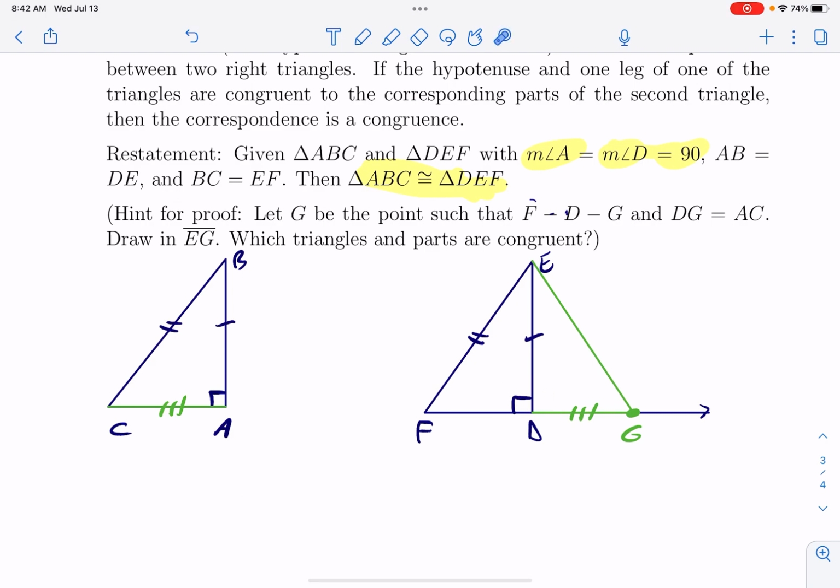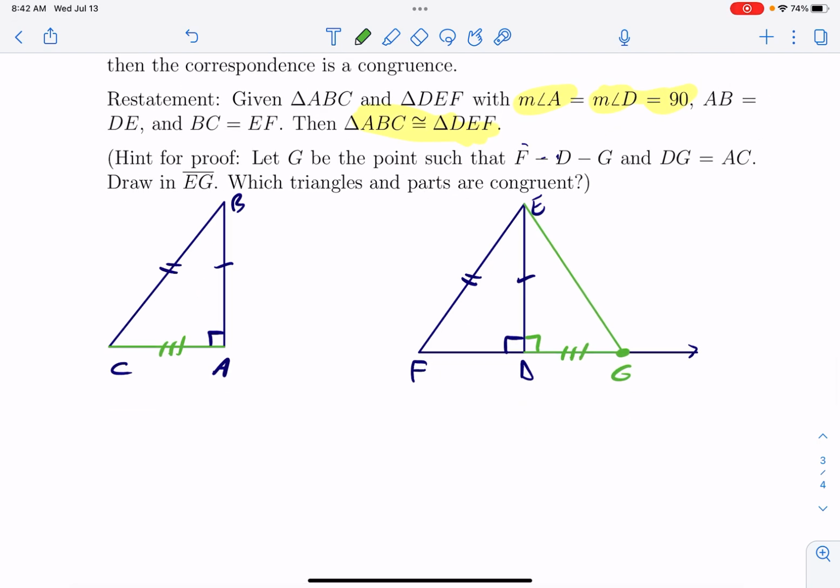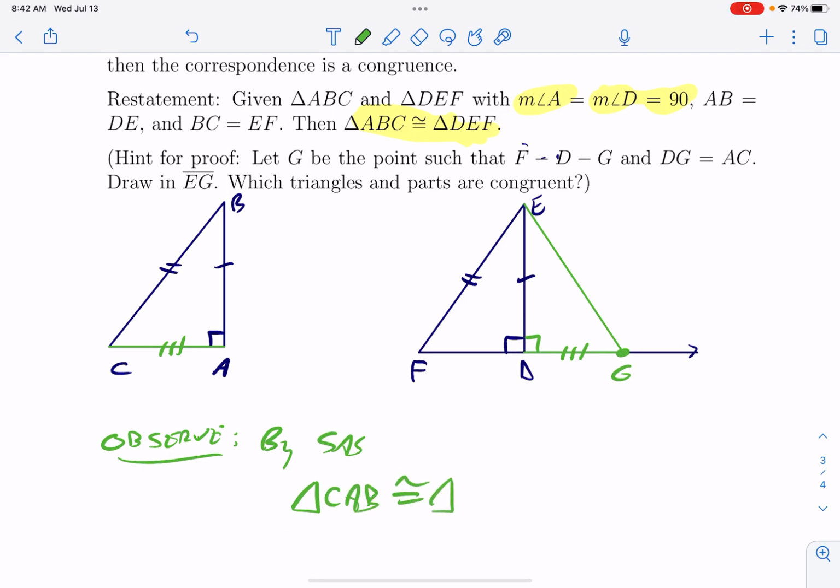We have a linear pair here, and this is 90 degrees, so we have 90 degrees over here. So we can observe, by side angle side, triangle CAB is congruent to triangle GDE.